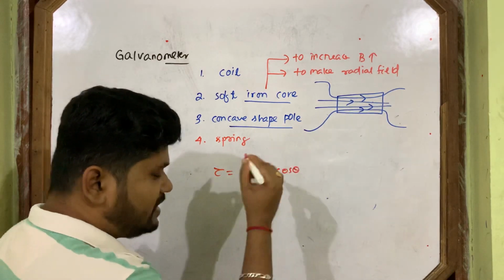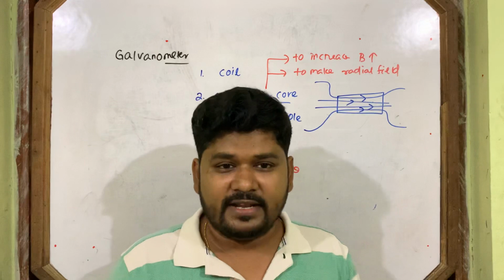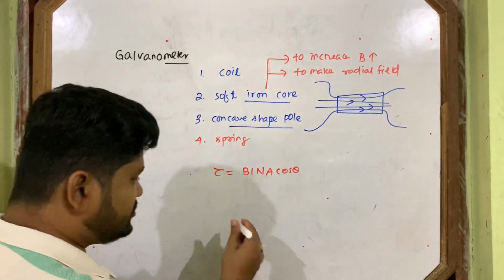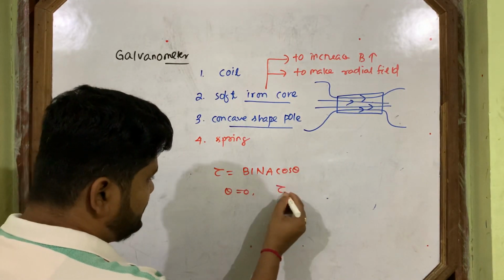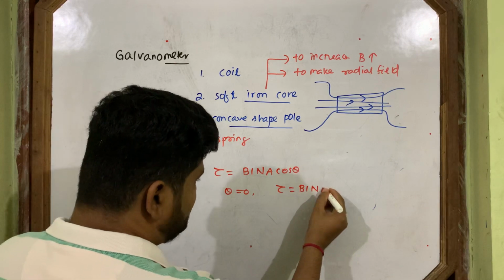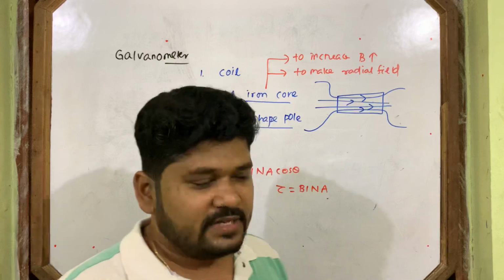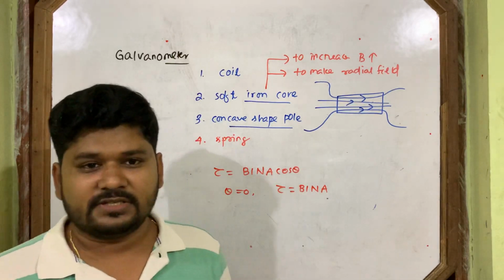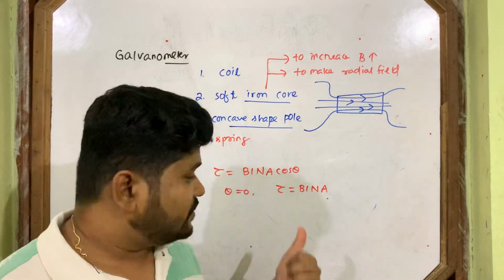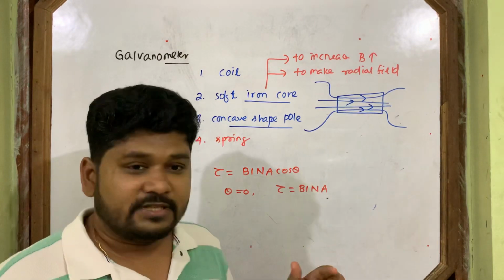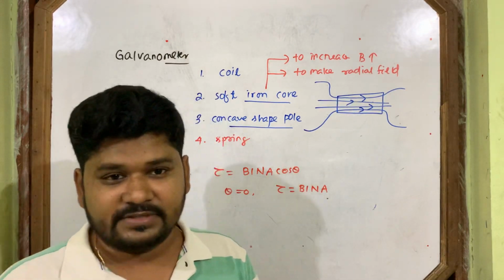But I told you for a radial magnetic field theta is equal to 0. So the torque is equal to NIBA. You got it? This is the deflecting torque. Due to this torque, that coil deflects.